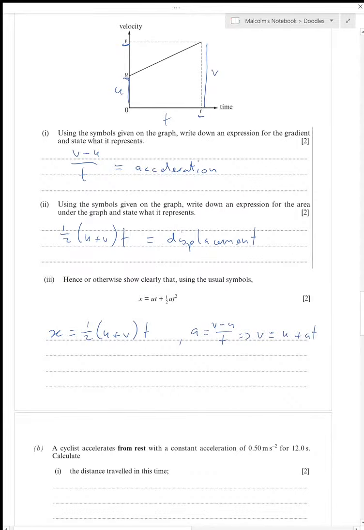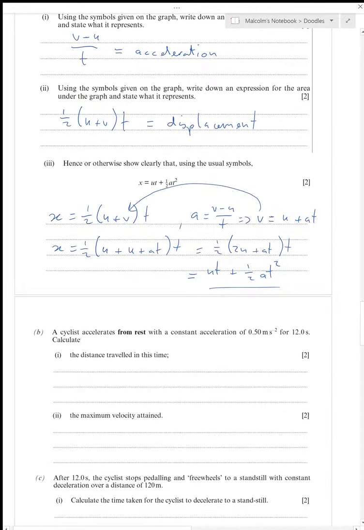So substituting this into here, I can write x equals a half (u plus at) times t. So that's a half of (2u plus at) times t, which is equal to ut plus a half at squared as required.